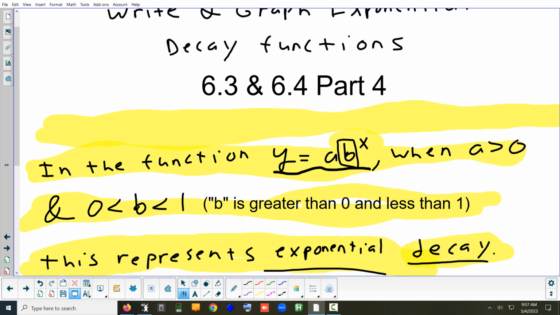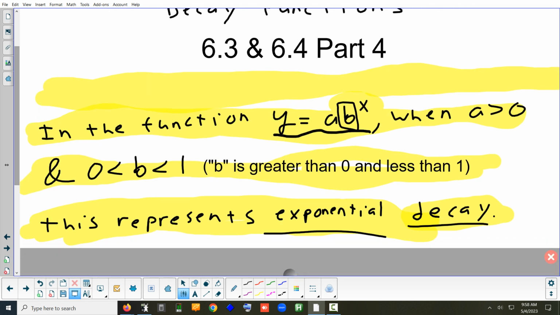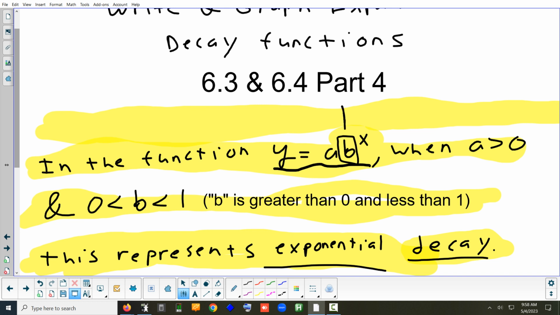So that kind of graph represents exponential decay. And what do you call it when the b value is bigger than 1? Yeah, exponential growth. That's exponential growth. Okay. So that's kind of a review of what exponential growth and decay means.